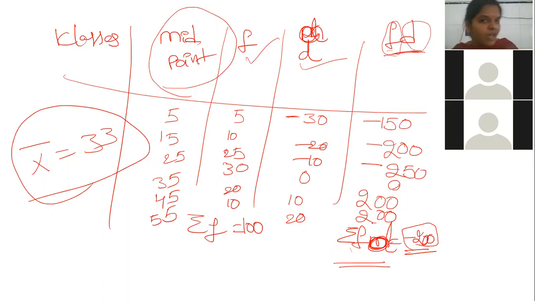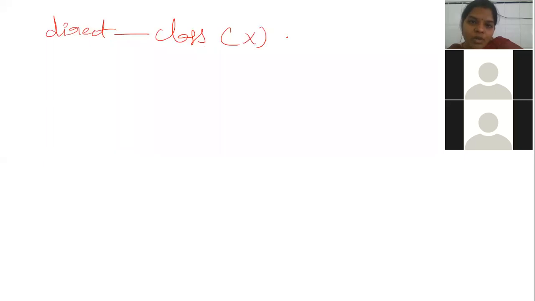Then you have only one more method under this. So are you finding out the differences between the direct method and the shortcut method? In the direct method, we are taking classes or x values or variable values directly. And in the case of the shortcut method, we are taking midpoints.